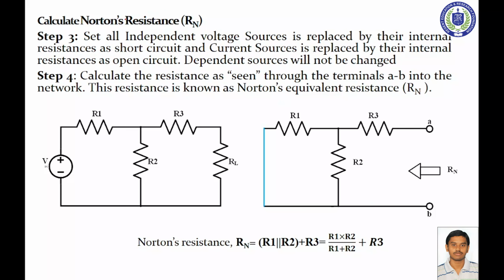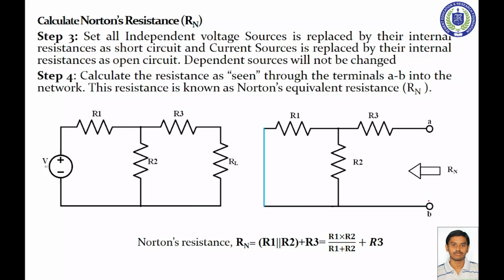Next is the Norton resistance calculation. For Norton's resistance, if an independent voltage source is present, it is replaced by its internal resistance, that is, short circuited. If a current source is present, it is replaced by its internal resistance, that is, open circuited. But a dependent source is not changed.